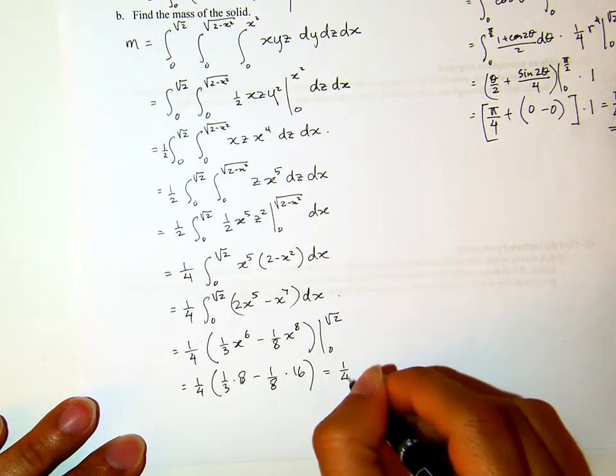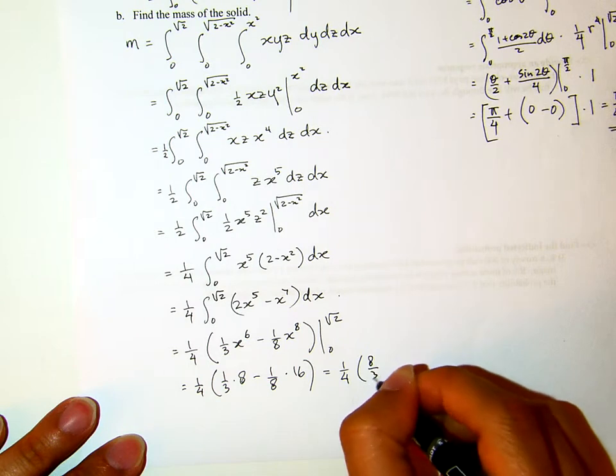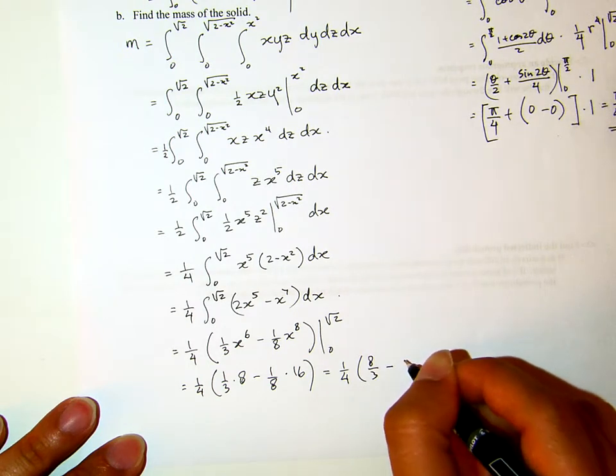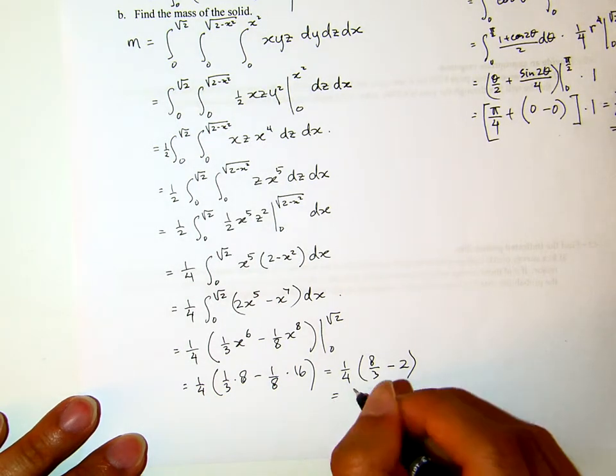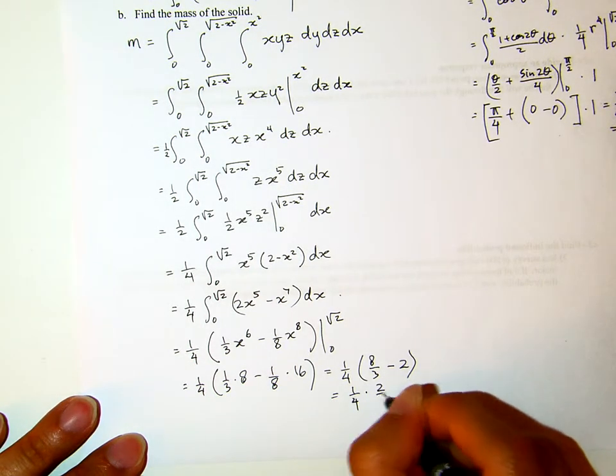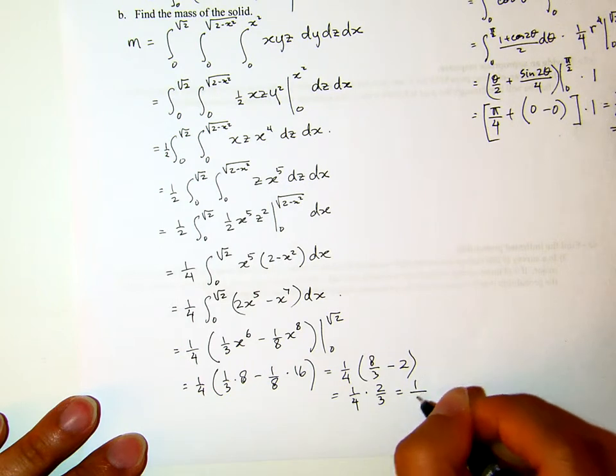So 1/4 times 8/3 minus 2. Okay, but the inside here is 2 touch though, so this equals 1/6.